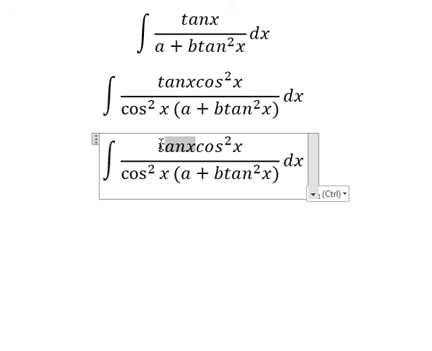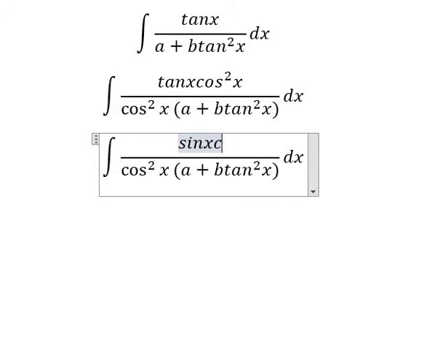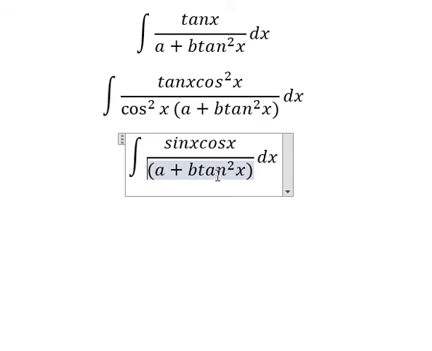So we know that tan x is about sine x over cosine x. Cosine x squared simplified by cosine x, you will have about sine x cosine x. This one multiplied by a and b tan x squared.